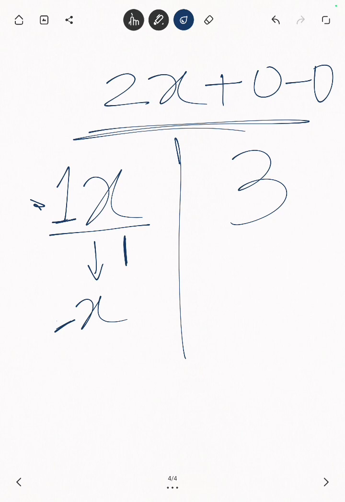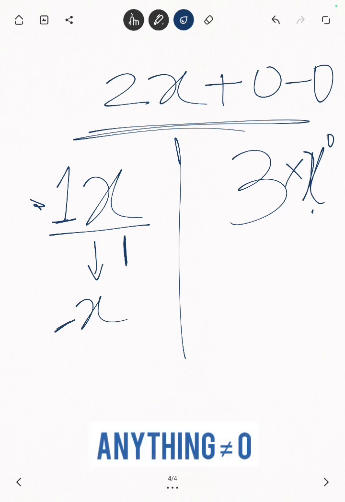In the same way, coming to the constant part, here 3 is there. Every number is always multiplied with 1. So I'm writing 1 like this. We know the value of 1 in terms of a variable can be written as x power 0. Anything power 0 is 1. If you want to know how we got that, you can see it in my next videos.